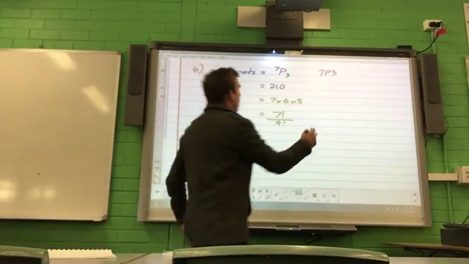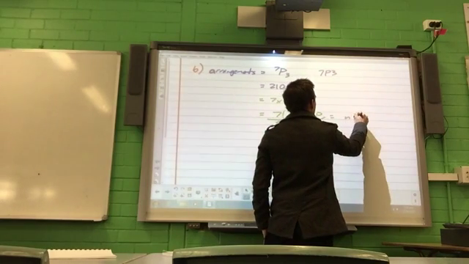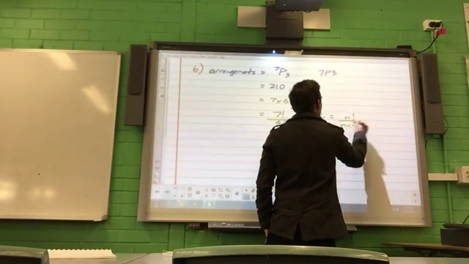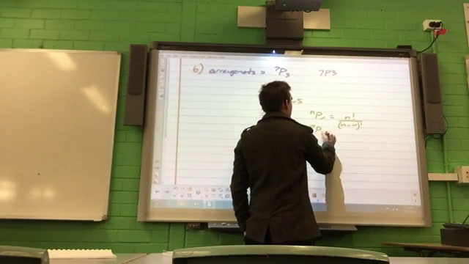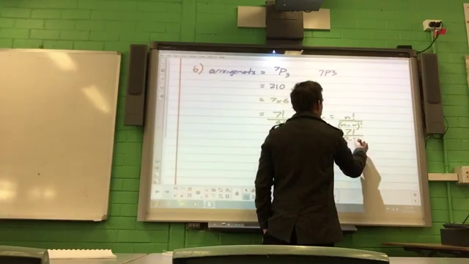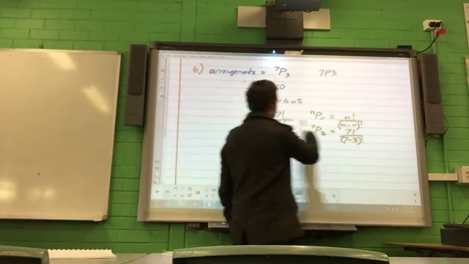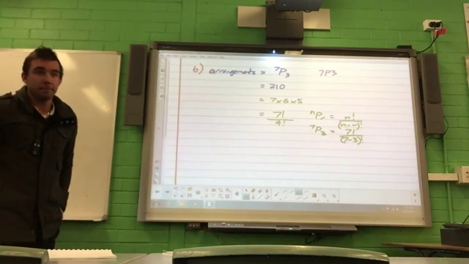So nPr is n factorial over n take away r factorial, so 7P3 will be 7 factorial over 7 take away 3 factorial. Okay, and that's how the formula works.